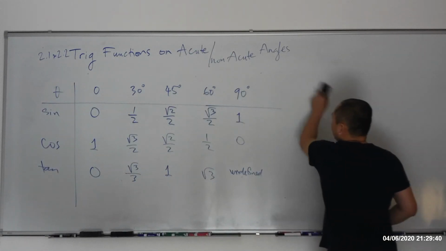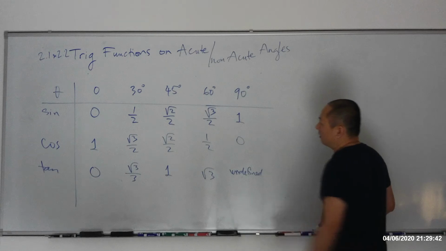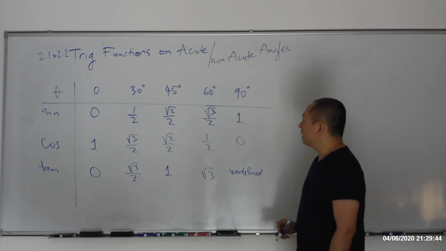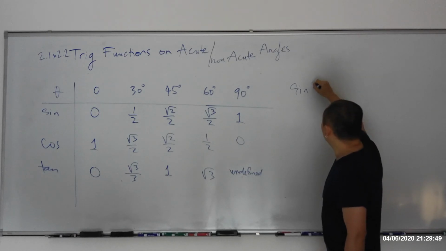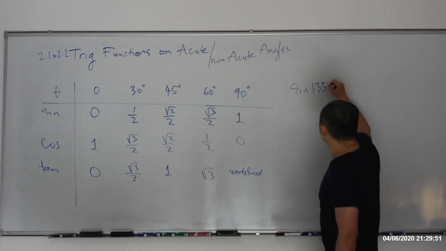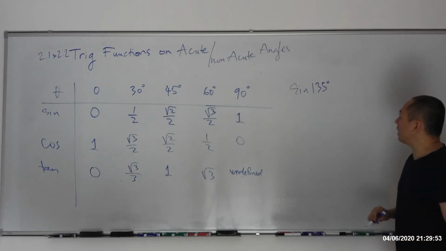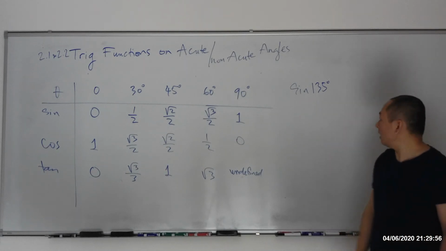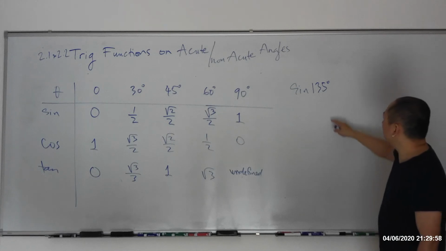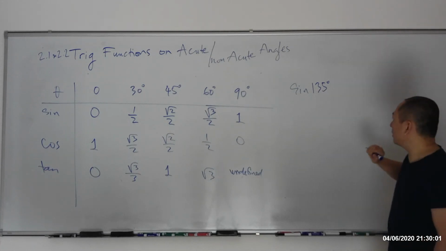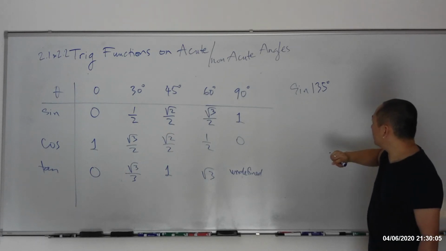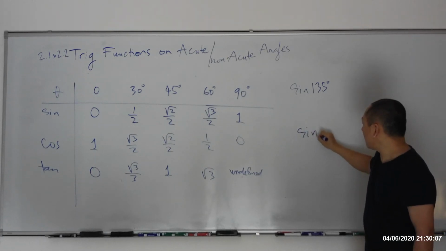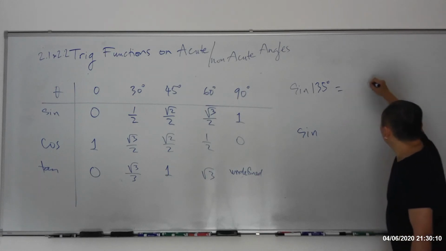Now, with that table, I claim that most of the time you are going to work with those angles. So if you have something like calculate sine of 135 degrees, you see that this is a non-acute angle, right? It's bigger than 90 degrees. So you try to find the reference angle. 180 minus 135 is 45. So you're talking about sine of 45 degrees.